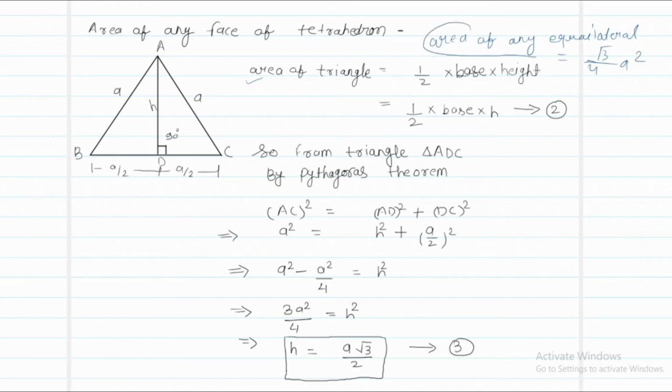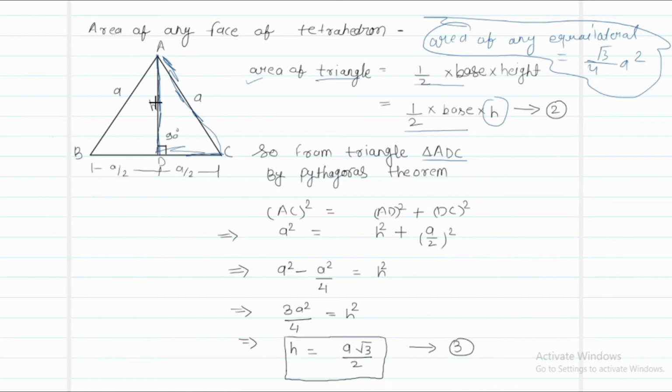So we will find it. Here is the formula of the regular triangle area, from triangle ADC, which is this triangle. We will find the height firstly for this formula.